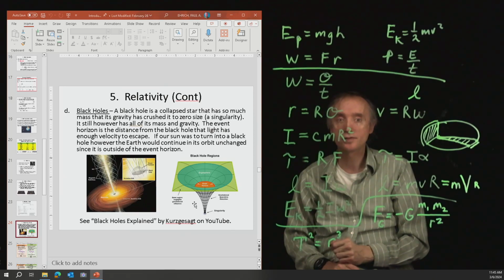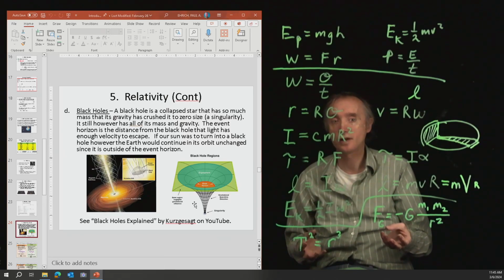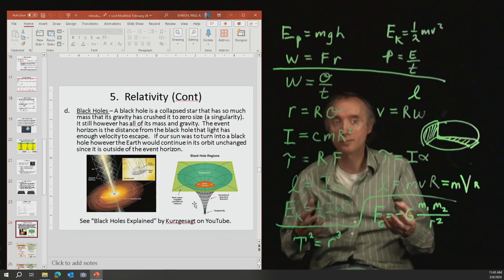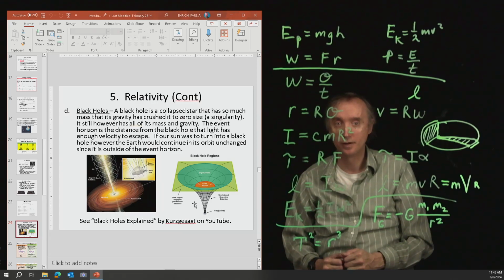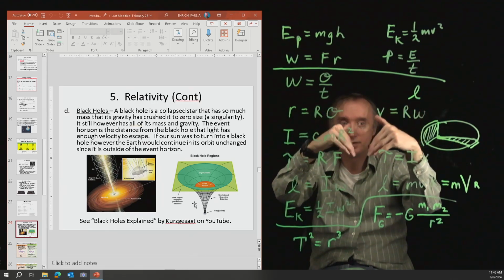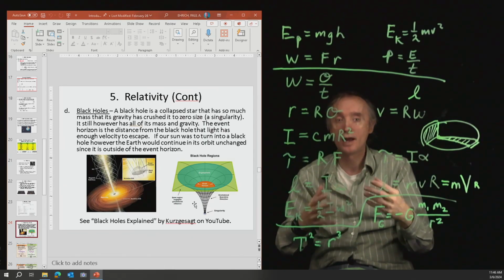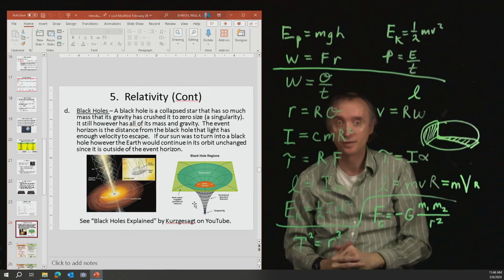So this not only stretches space and time, but it basically ruptures space and time. You can see how space and time go down to an absolute point where the black hole is actually located, the singularity of it.